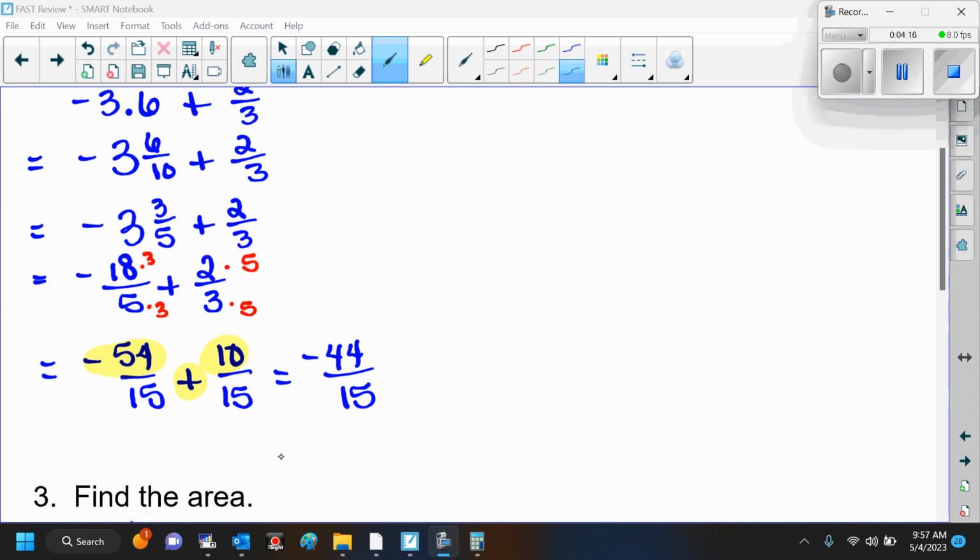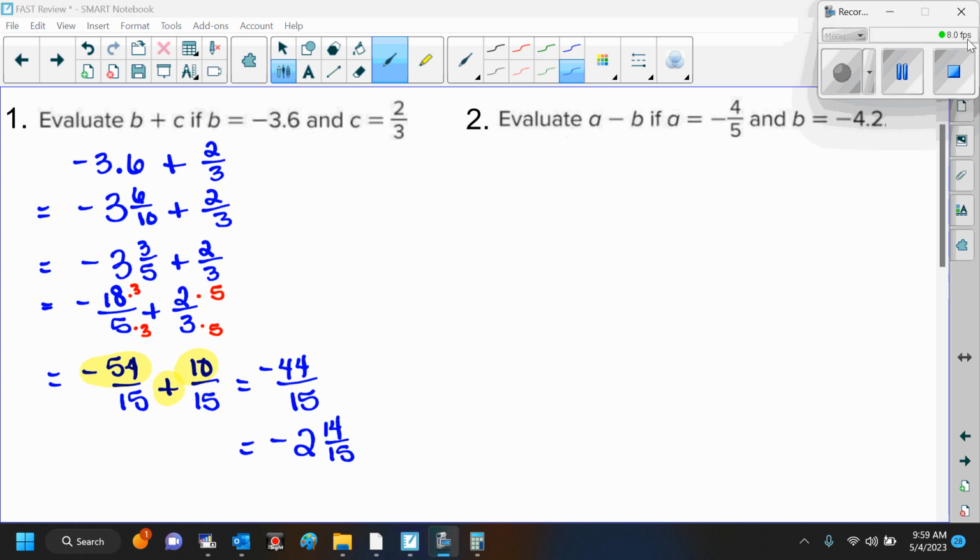So we've got 2 times, so it's going to be a negative 2. So 2 times 15 is 30. So how much do I have left? 14. So this is going to be a negative 2 14/15ths. So number 2, why don't you guys do that one with your table partners, and I'll do this and then I'll show you the solution. Go ahead and do that one with your table partners.